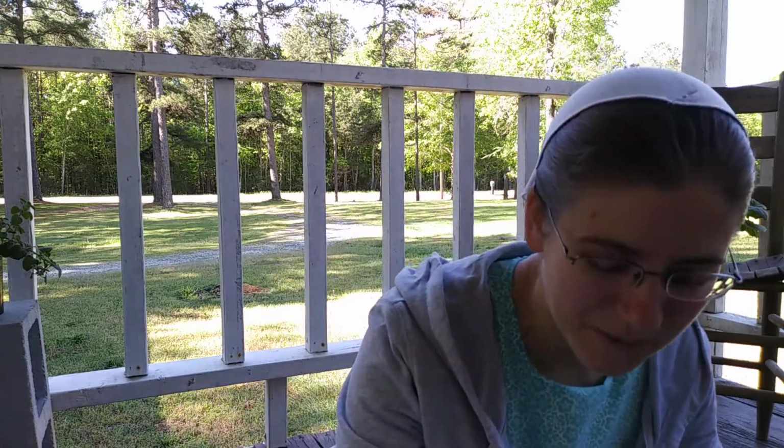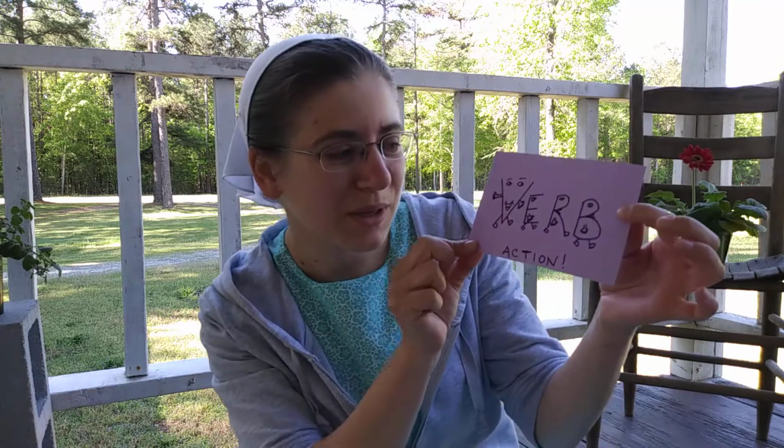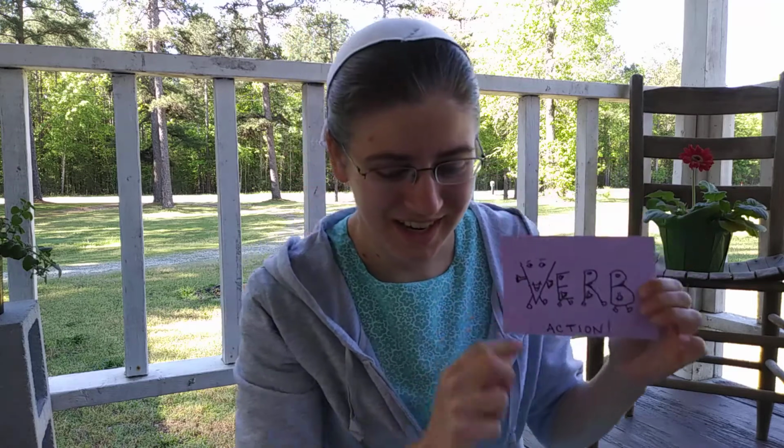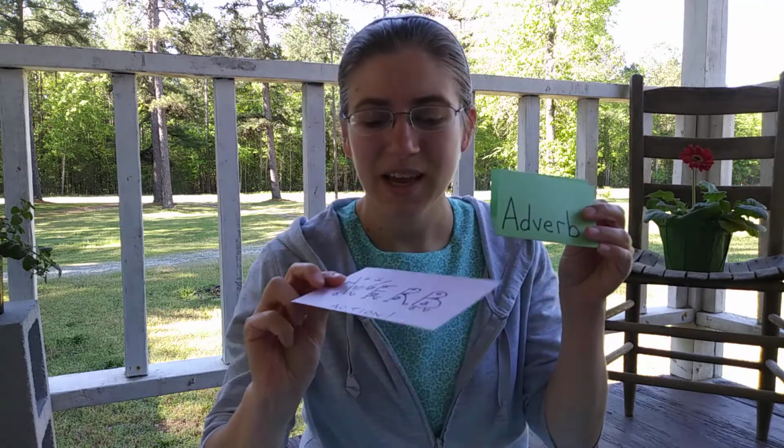All right, now, verbs show action. So here we have all our little letters. They're walking somewhere. We don't know, not sure where they're going. Maybe they're going to school. So a verb shows action. And what describes a verb? Okay, an adverb describes a verb.